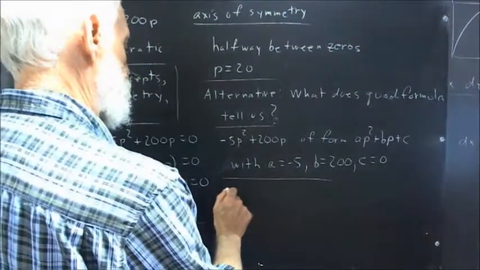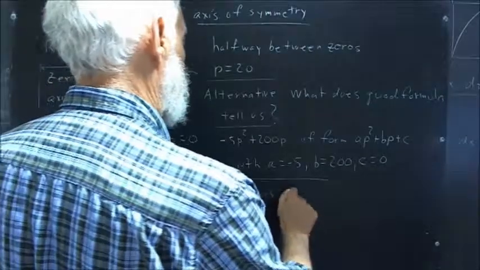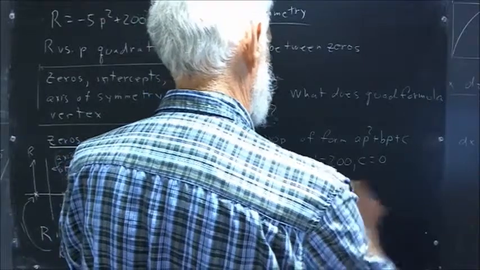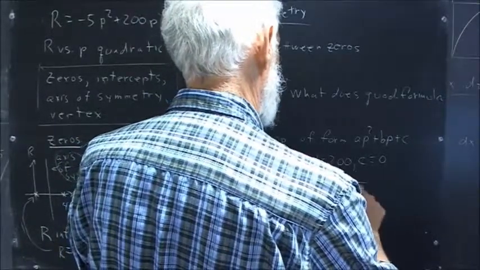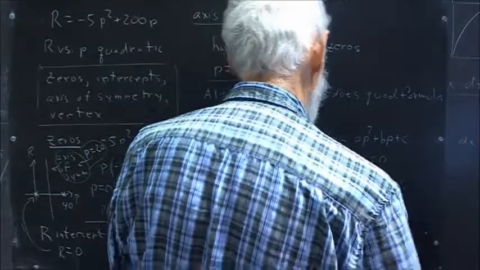So the zeros are at negative b plus or minus the square root of b squared minus 4ac, all divided by 2a.